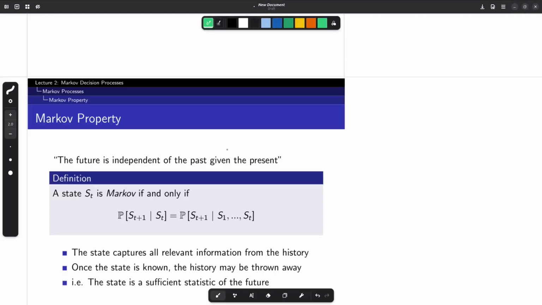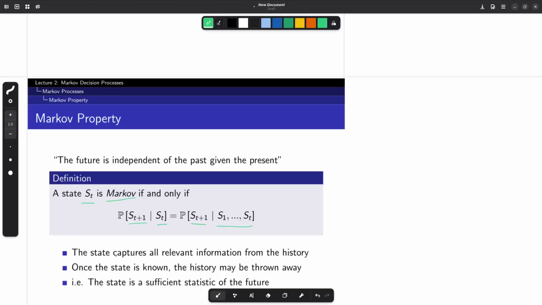If you recall from our previous session, we talked about the Markov property, and we said that a state S_t is Markov if and only if the probability of the next state given the current state is the same as the probability of the next state given all of the previous states.